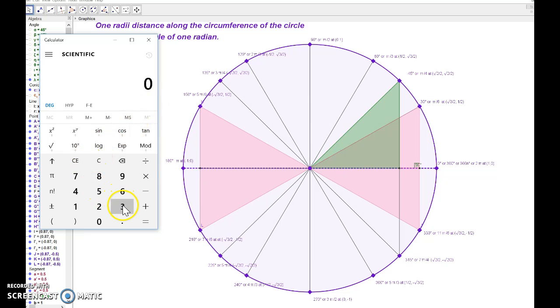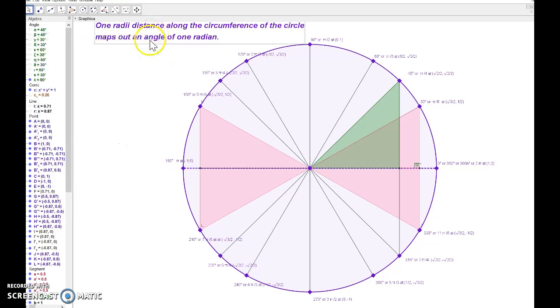So I learned how to use this. 3, square root of 3, divided by 2 equals 0.866. So 0.87, I'm looking to be my sine value for pi over 3 is 0.87.